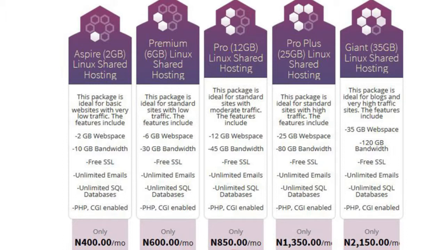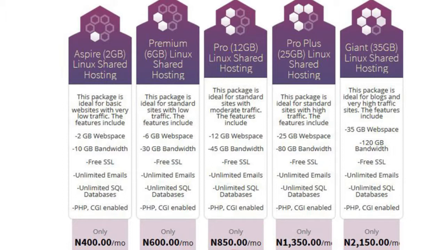And then we have the Pro package, and this package is standard, with 12 GB web space and 45 GB bandwidth, which will cost you 850 Naira per month. Then we have the Pro Plus, the 25 GB, which also has 80 GB bandwidth and which will cost you 1,350 Naira per month.